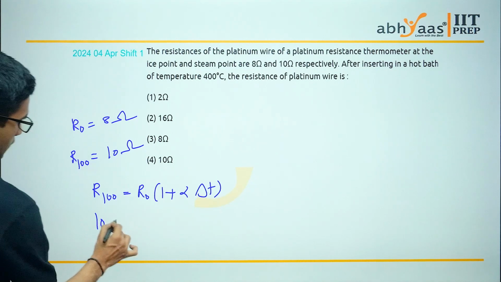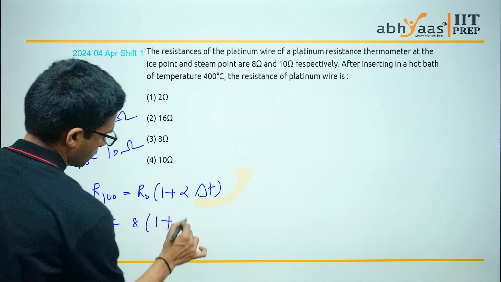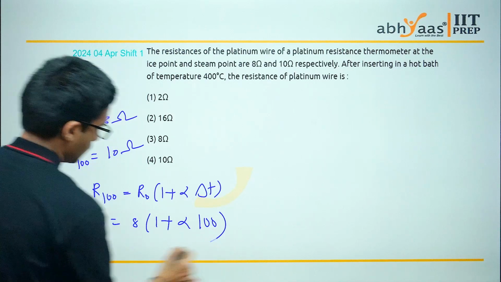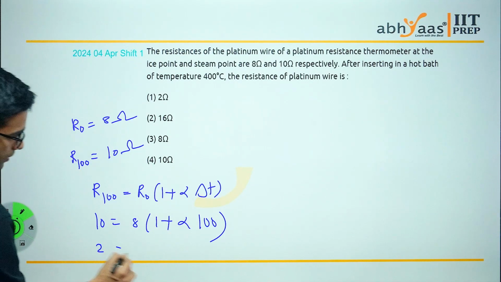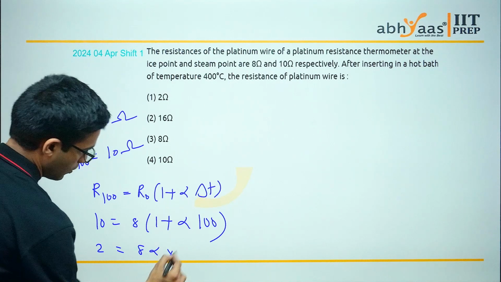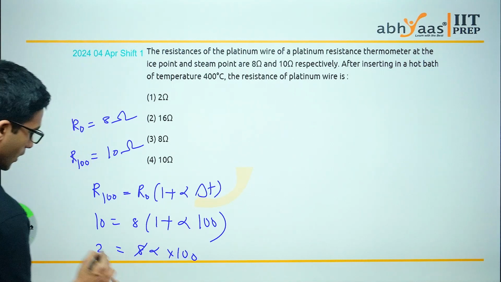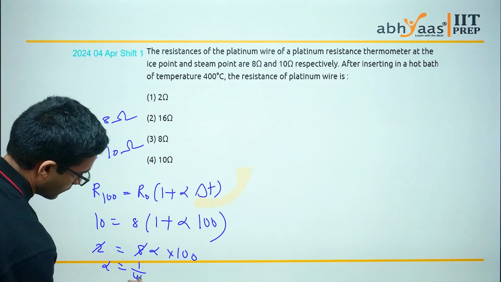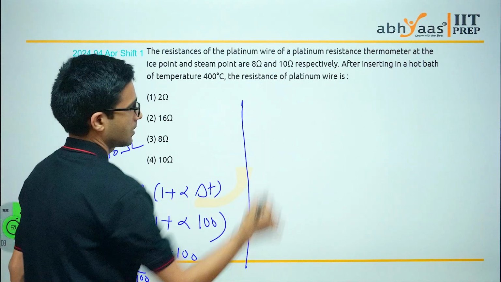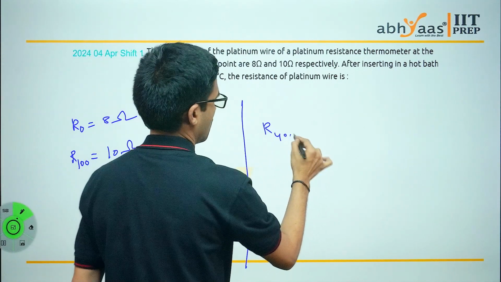This is 10 is equal to 8 into (1 plus alpha into 100). After multiplying, 2 is equal to 8 alpha into 100, so alpha is 1 by 400. Then he is asking for R400.